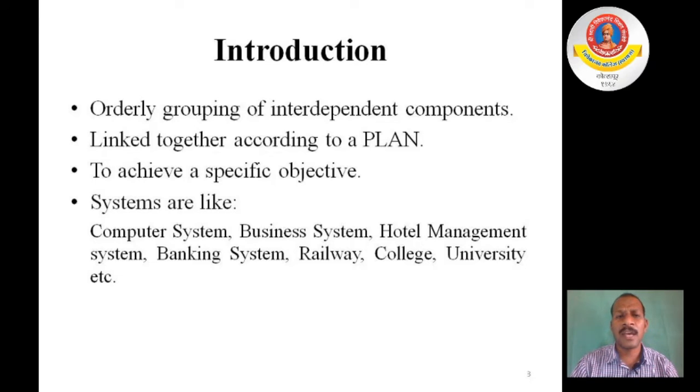Whatever system we are going to develop will definitely have a specific objective to achieve. The systems are like computer systems, business systems, hotel management systems, banking systems, railway systems, college and university systems, etc. These are some of the existing systems.